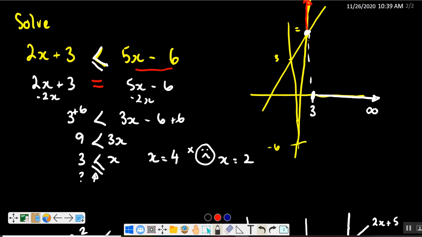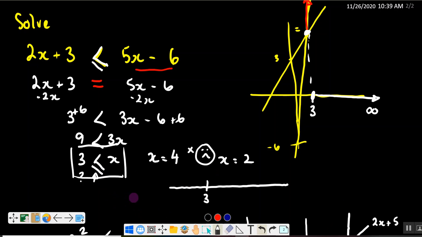Now, just in case they ask you, there is another way to represent this, isn't there? Another way to represent an inequality. That's the way we're all happy with, but they might say do it on a number line. To do it on a number line, basically you put a line. I put my 3, okay? And it depends on this symbol.